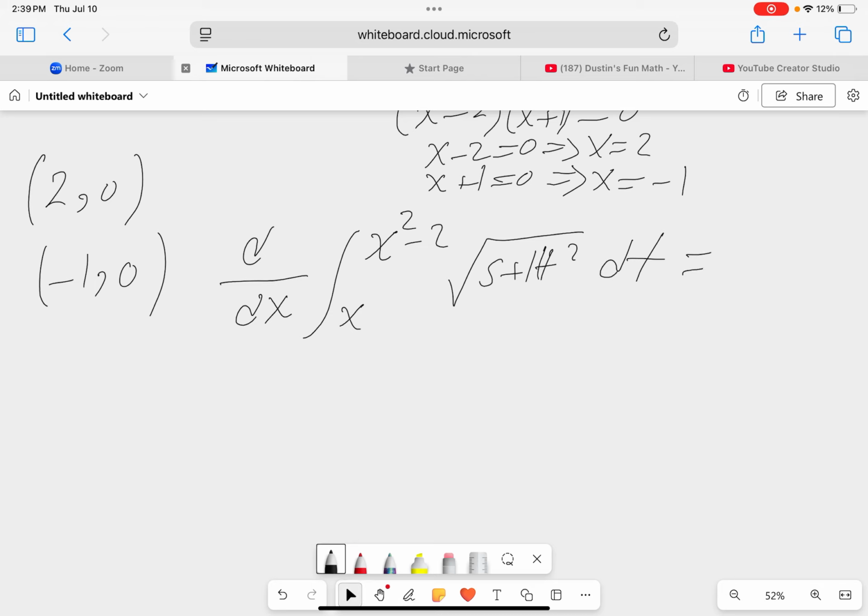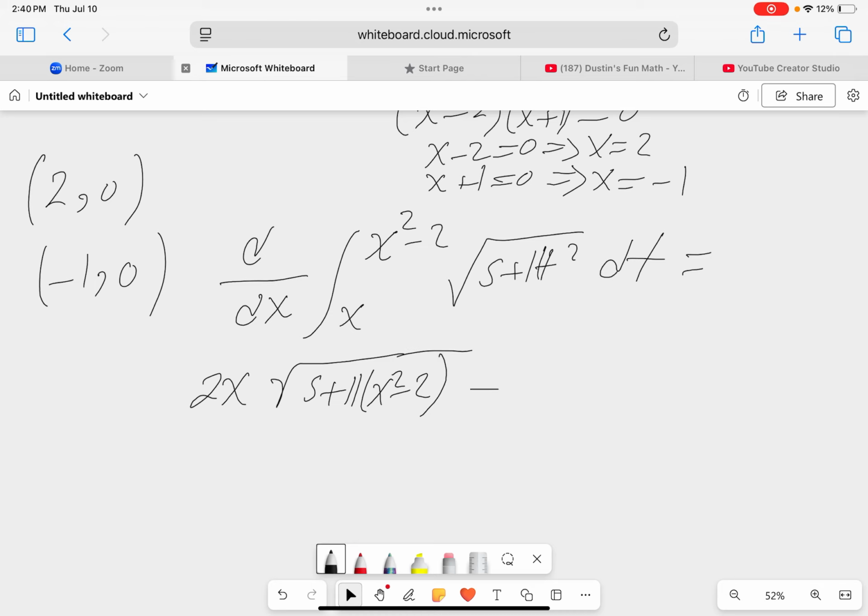Based on the fundamental theorem of calculus, we're going to take the derivative of the ending limit x squared minus 2, which is going to be 2x, and then you replace t with x squared minus 2. Remember, t is equal to x squared minus 2, your ending limit. So this becomes the square root of 5 plus 11 times x squared minus 2, all squared.